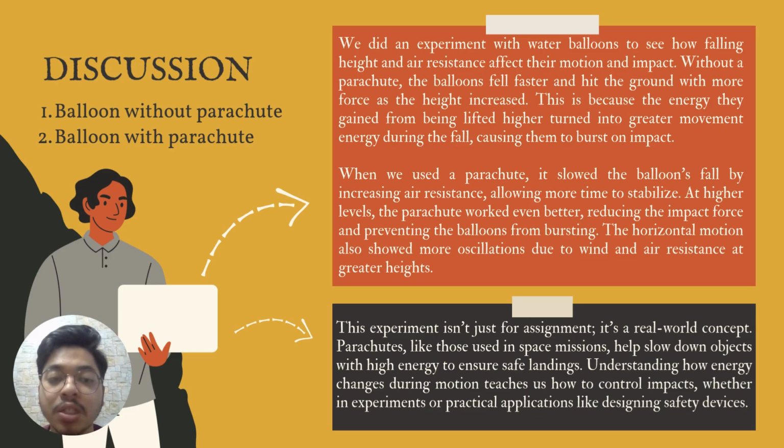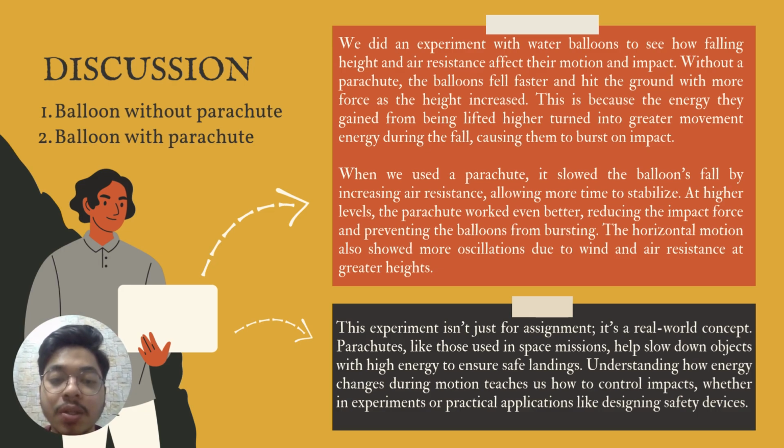When we used a parachute, it slowed the balloon's fall by increasing air resistance, allowing it to stabilize. At higher levels, the parachute worked even better, reducing the impact force and preventing the balloon from bursting. The horizontal motion also showed more oscillation due to wind and air resistance at greater height. Next, this experiment isn't just for an assignment, it's a real-world concept.